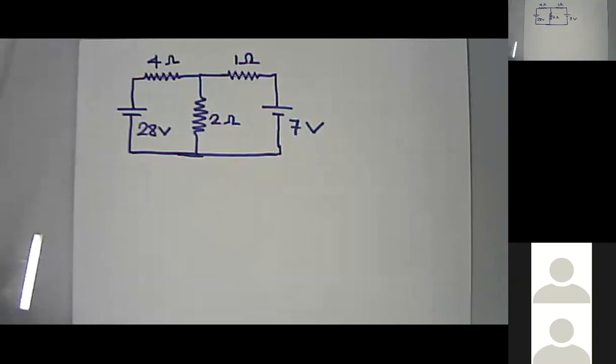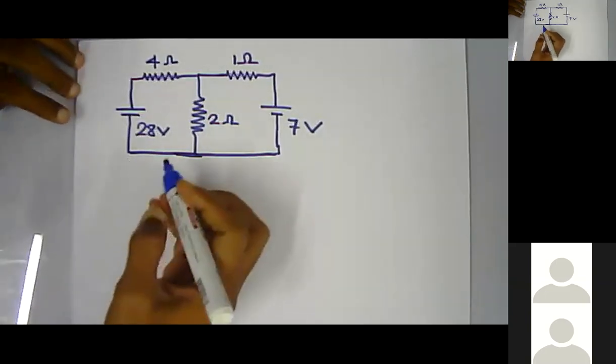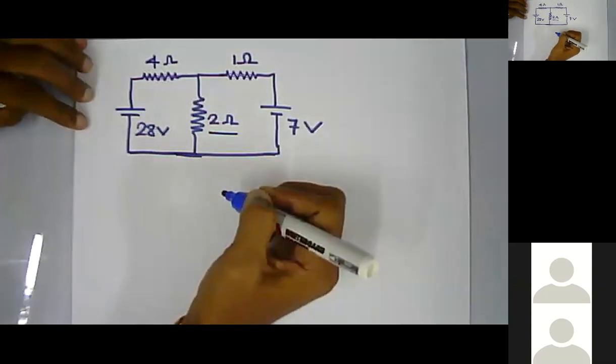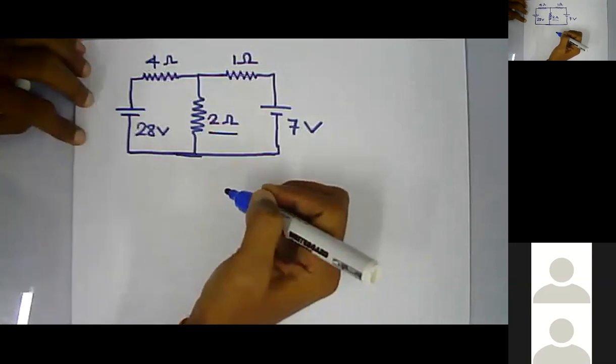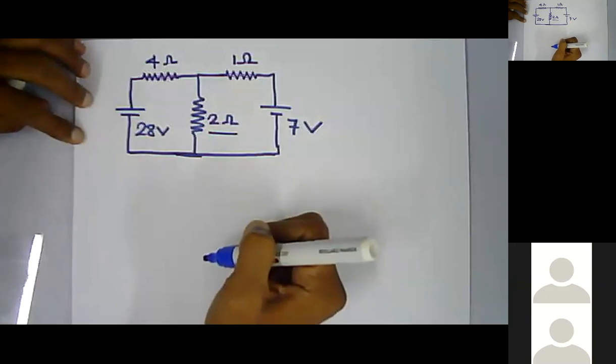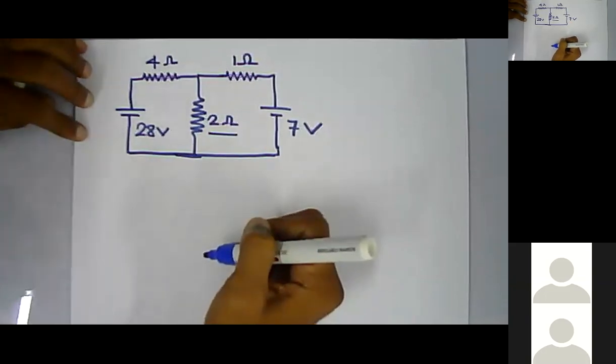Okay, right. So I'll show you how to solve this problem using the superposition theorem. Just assume you are asked to calculate the current through this 2 ohm resistor using the superposition theorem.